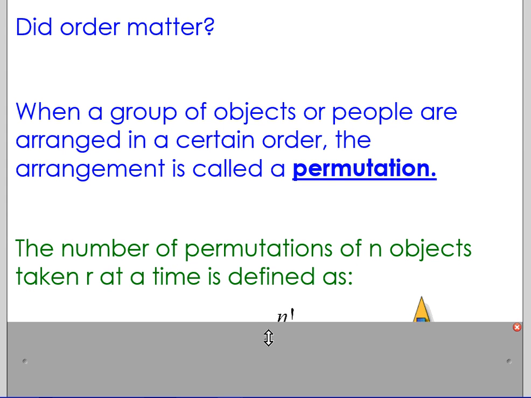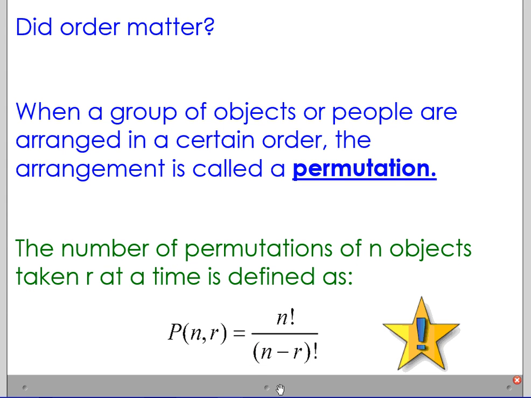So for example, if there was a race and you had, I don't know, 10 people racing and you were just giving out the first, second, and third place winners, how would you figure it out? You would know that you have 10 options with 3 possible outcomes, so you would do a permutation.